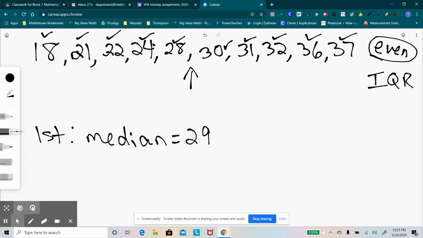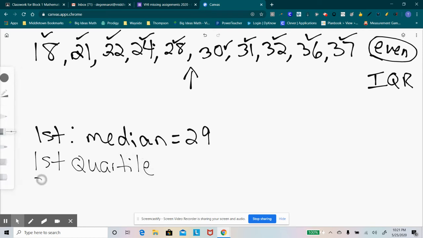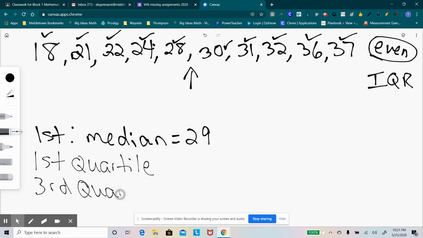So the next thing is we need to find our first quartile and our third quartile. And actually, our second quartile is also considered the median. I'm just going to put a Q there. All right, so if they ever say the second quartile, that represents the median.